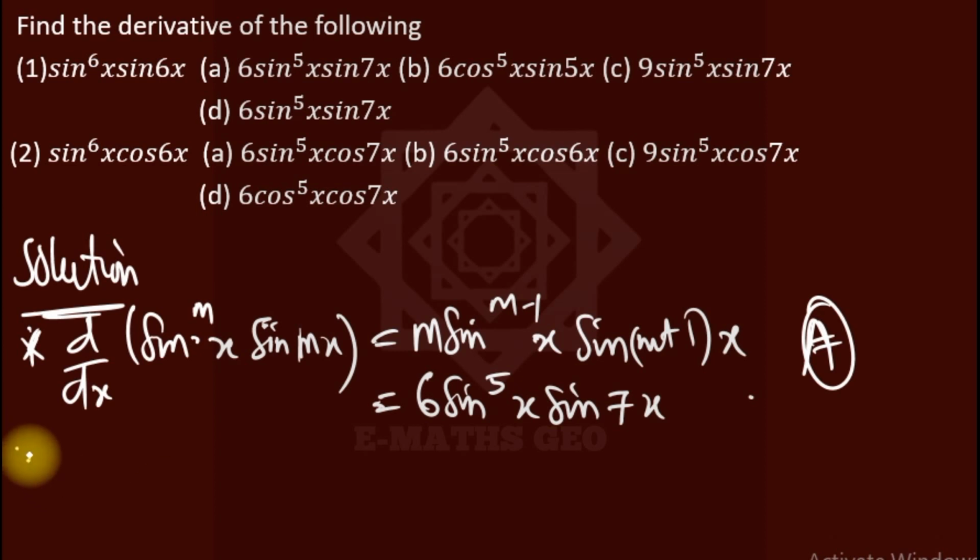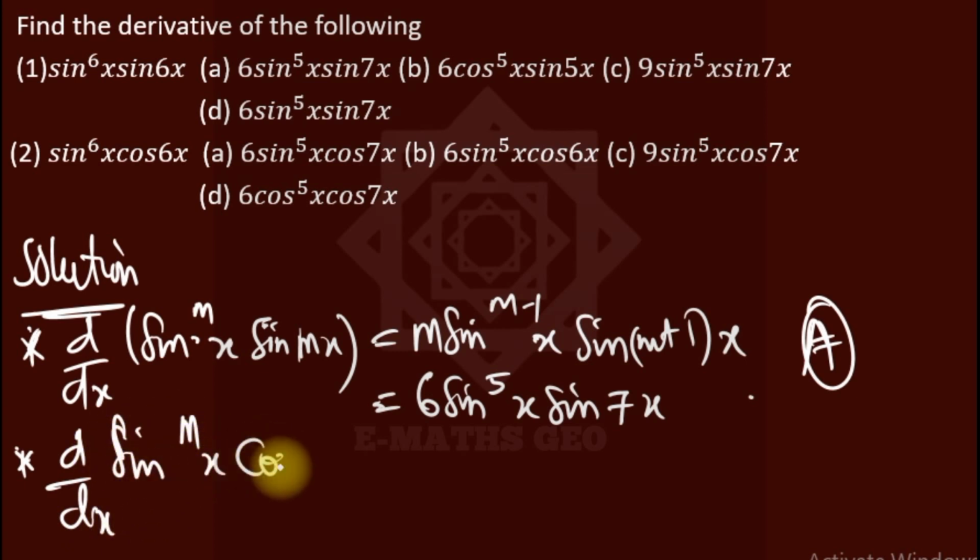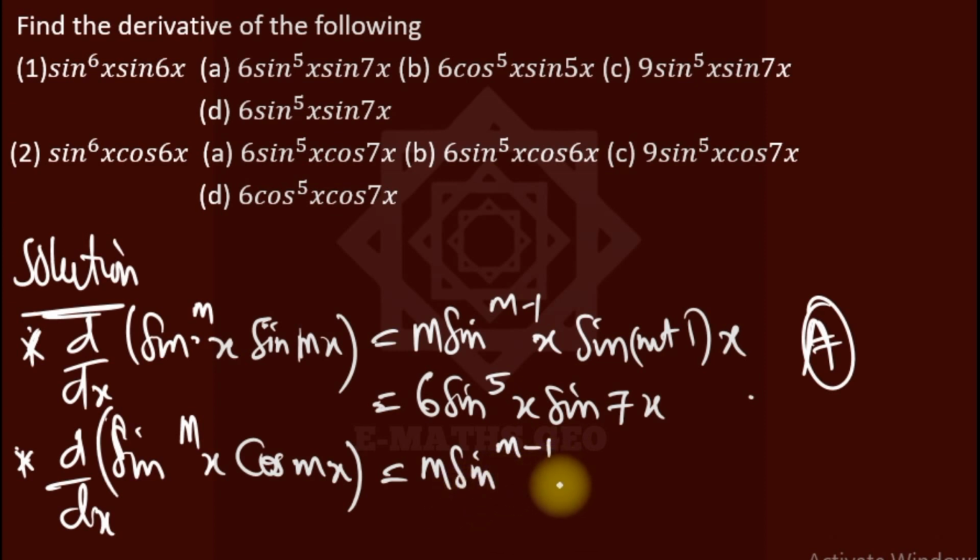So why the second one? If you have the derivative of sine x raised to power m times cos mx, the answer is m sine x raised to power m minus 1 times cos (m plus 1)x.